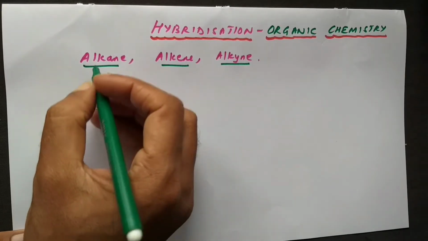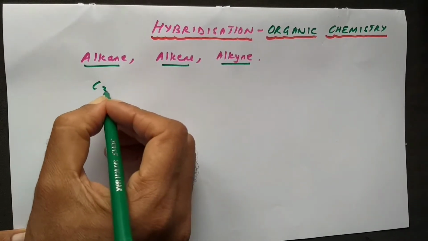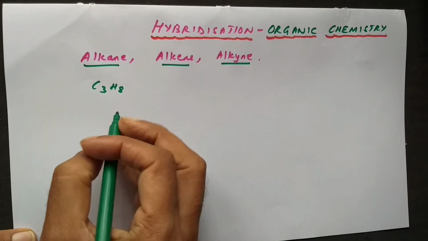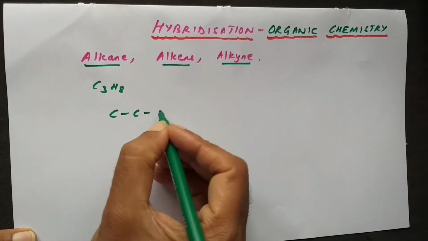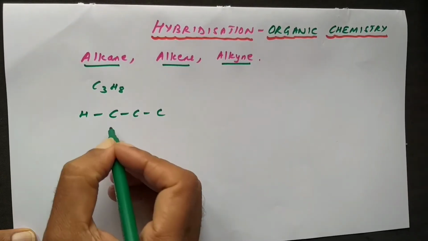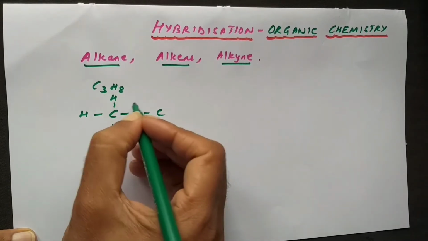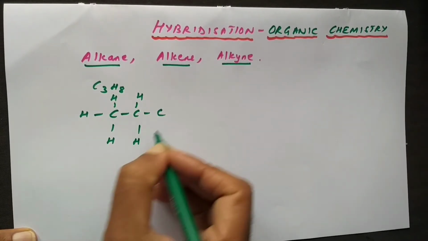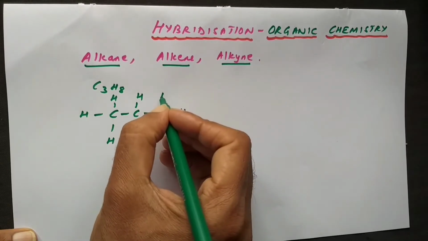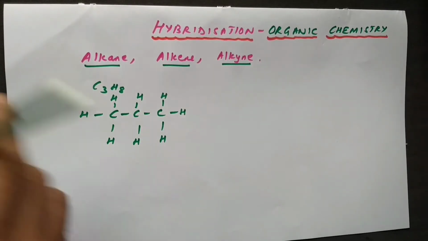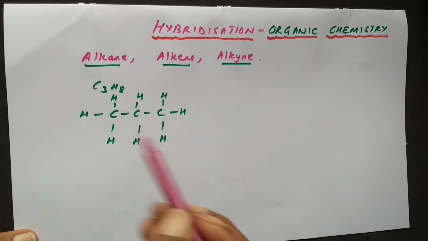For example, let us take an alkane like propane, C3H8, where I'll be writing the three carbons and below them the hydrogens. So this will be the structure for propane. Now how to find the hybridization?